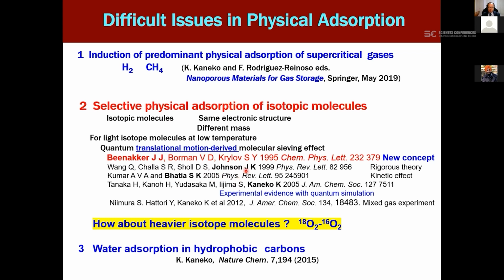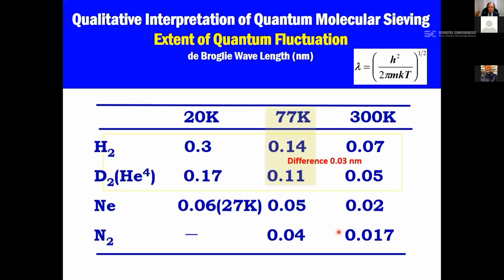And also later, Karl Johnson, using a more rigorous theory, also supported Wiebe Nick's prediction. Later, we gave the experimental evidence for quantum molecular sieving effects. However, for heavier isotopes, oxygen-18 or 16, it should be more difficult.